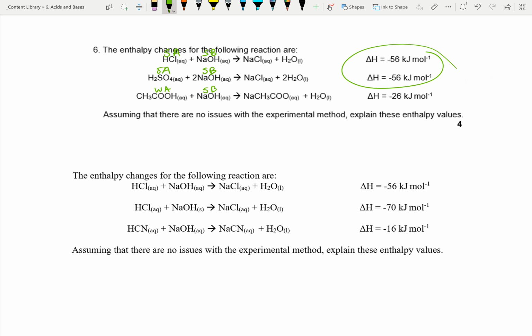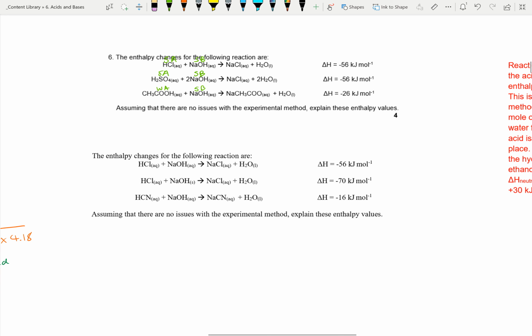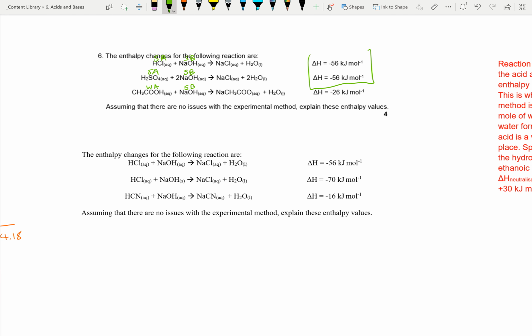We also have to explain why these are negative 56. The reason why these are negative 56 is that the only thing they're doing is the actual reaction. If you do a strong acid and a strong base, everything's already in this form.